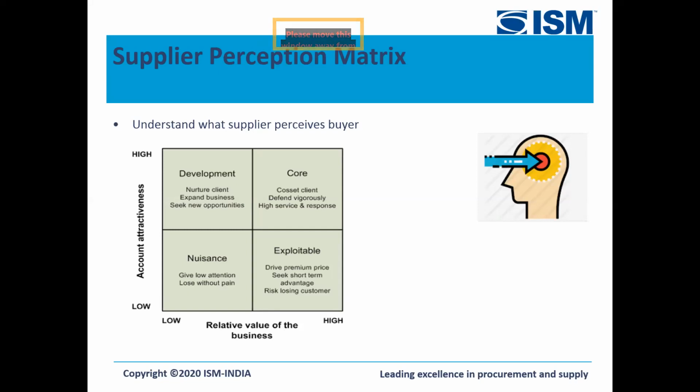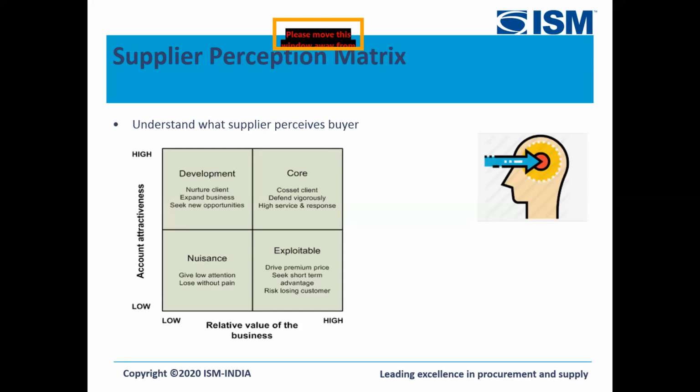They try to give more and more attention to the buyer and let them know their capabilities and what umbrella of services or goods they provide, so that it gives them a foot in the door and allows them to become a bigger supplier.